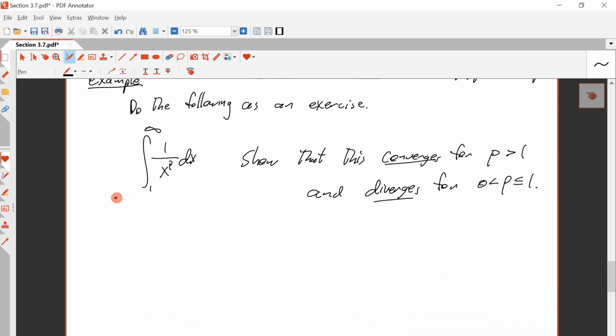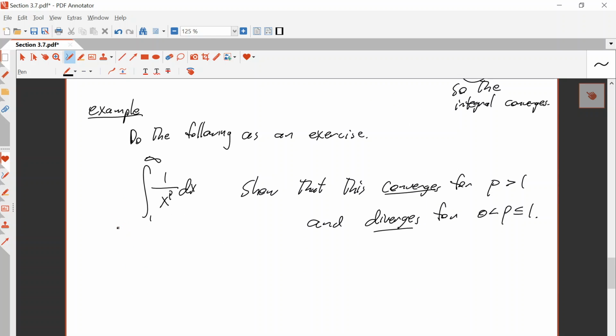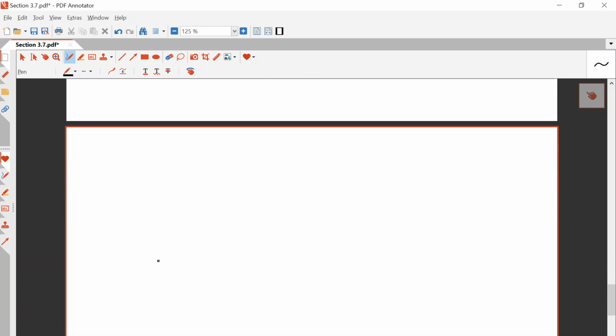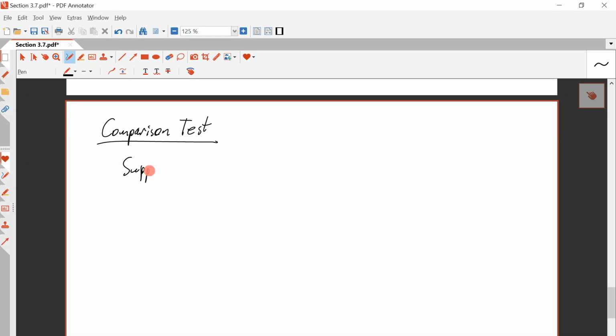All right. Now, that's an important improper integral because it allows us to do comparisons. So here's the comparison test. It states the following. Suppose that 0 is less than or equal to f of x, so f of x is a non-negative function, and g of x is at least as big as f of x for all x bigger than or equal to a.